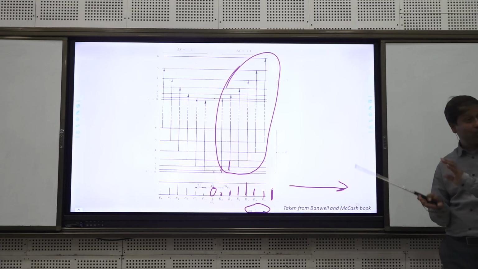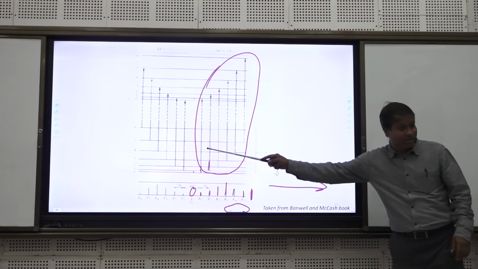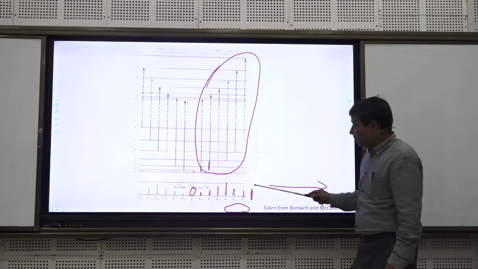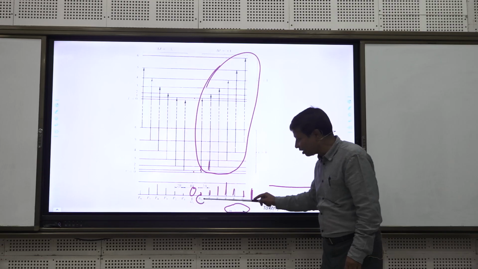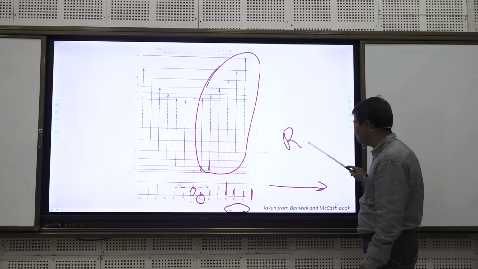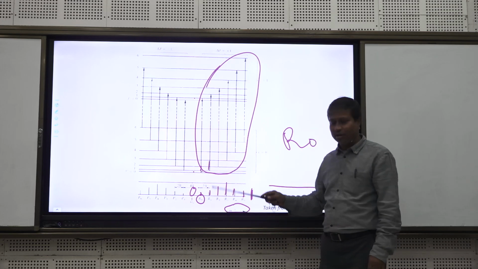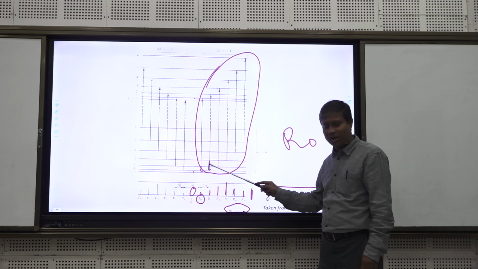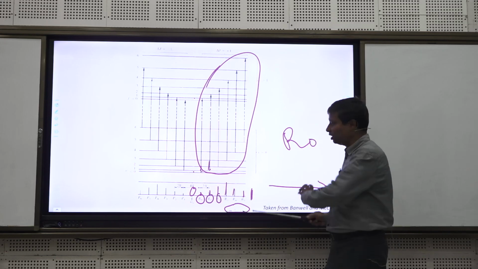In some books it will be just the opposite. So this is the R branch. How does the naming happen? R0. Why 0? Because it starts from 0. The next one starts from 1, so it is R1, R2, R3. Now this is the P branch.